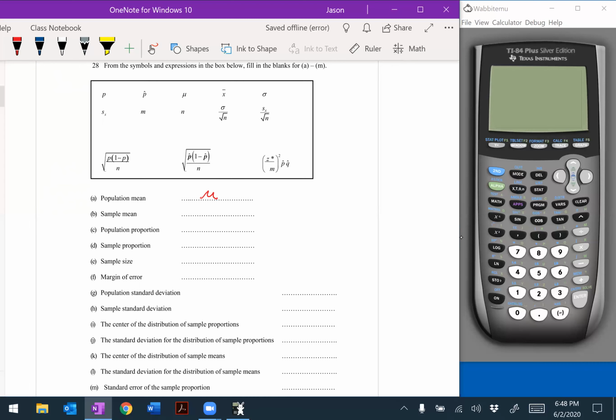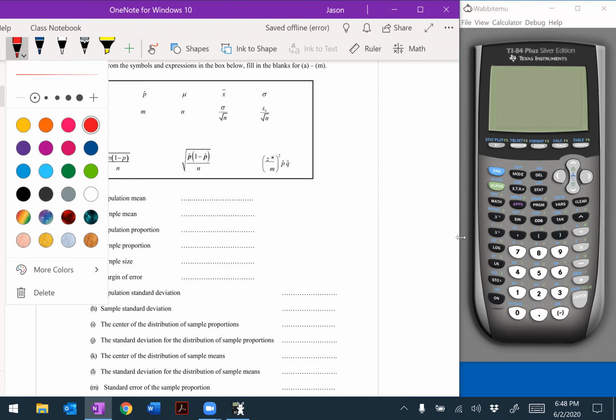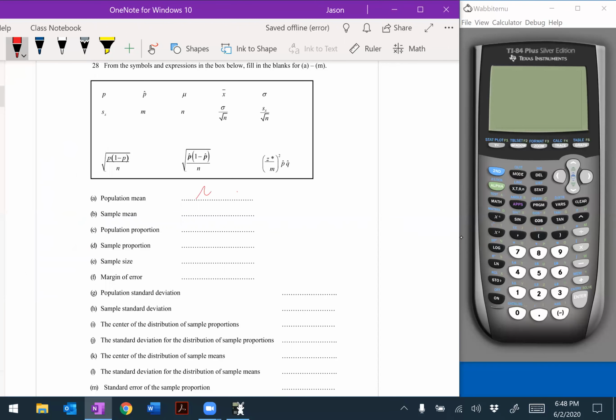Sample mean, that's X bar. Population proportion, P. Sample proportion, P hat.